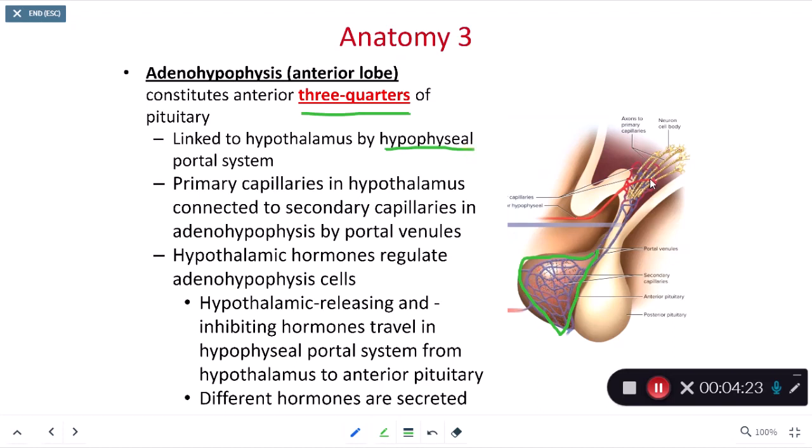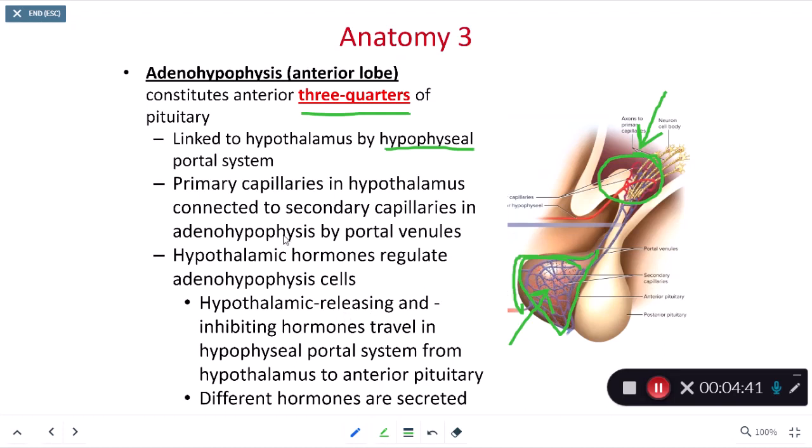This hypophyseal portal system is going to be a capillary bed in the hypothalamus connected to a capillary bed in the anterior pituitary gland.